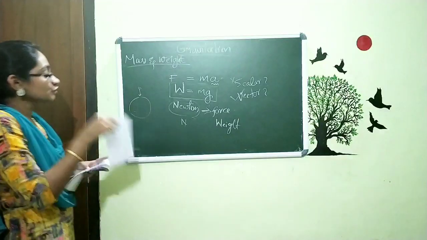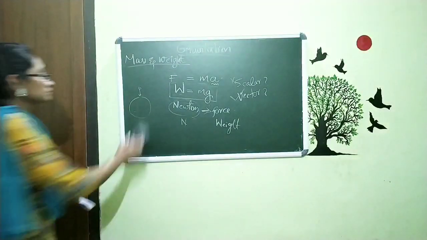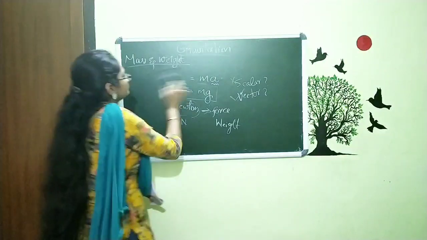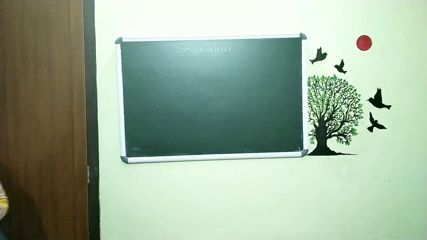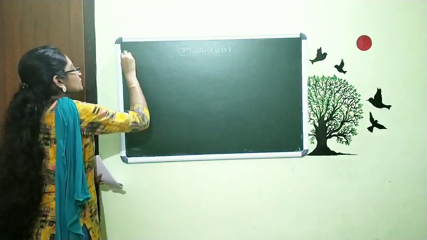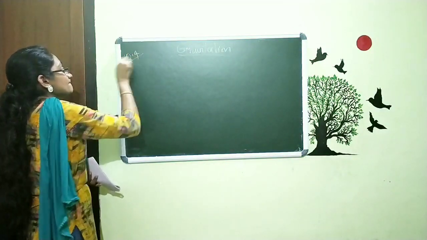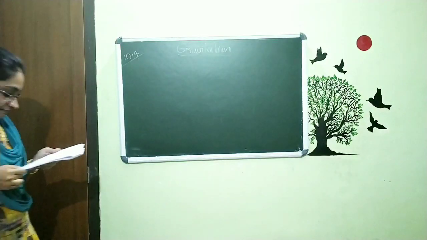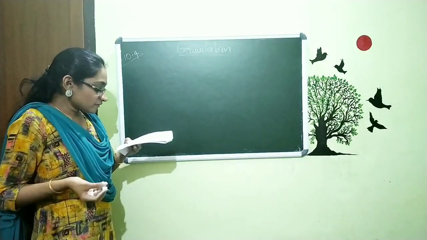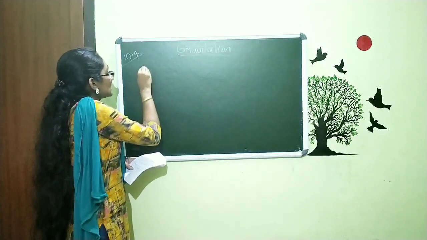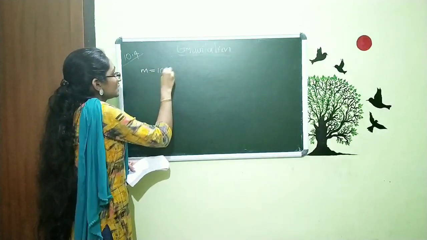Now we are going to do one mathematical problem with this simple equation. The question is also available in your textbook, on page number 138, Example 10.4. The question is this: the mass of an object is 10 kilogram.